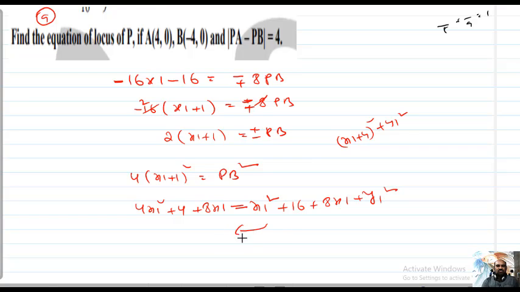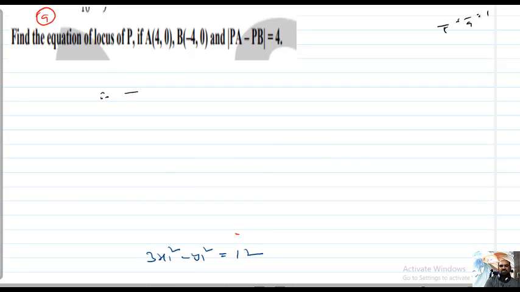Now transfer all these terms to the left hand side. 3x1 square, this gets cancelled, minus y1 square equal to 12. Therefore, the locus equation is 3x square minus y square equal to 12.